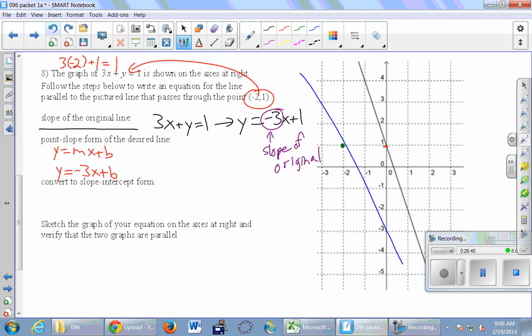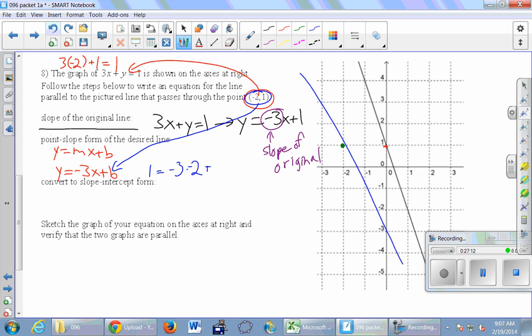What we do is recognize that the point, the green point, (-2, 1), is on the blue line. So let's use it. (-2, 1) satisfies, I'll circle it here in blue. It's got to satisfy the equation we're after. So let's plug it in. So instead of the y, 1 equals -3 times, instead of the x, -2, thank you, -2.